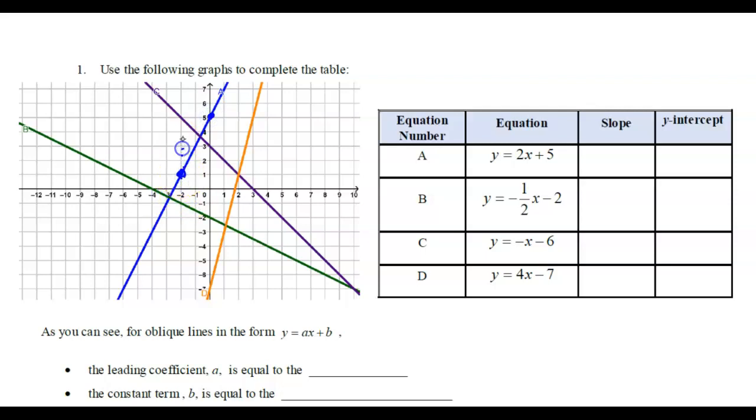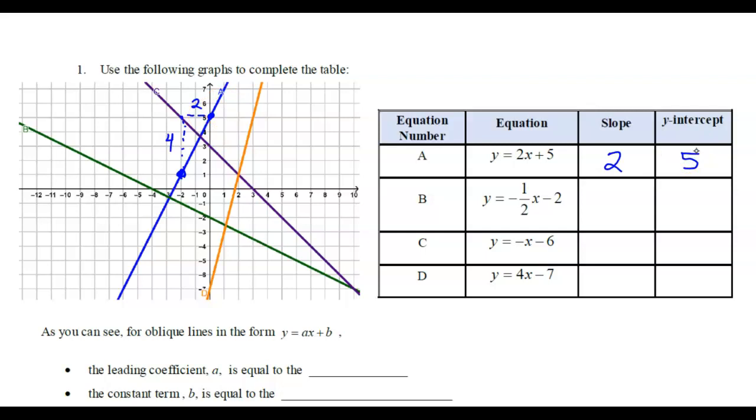So now if I go up and to the right, then I'm going up 4 to the right 2. So my slope is 4 over 2, which is 2. You can just simplify it in your head. And I already plotted the y-intercept. It's 5.